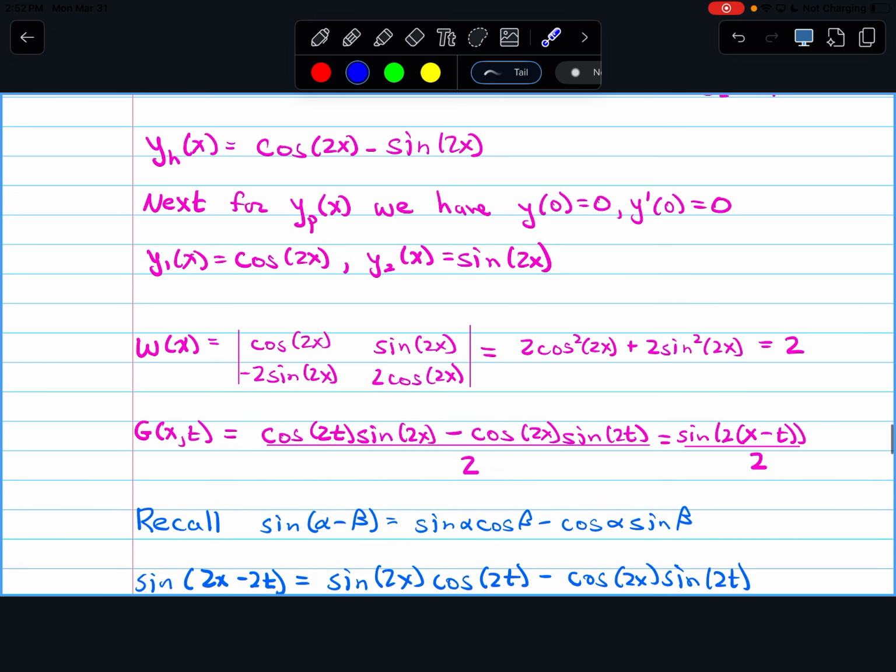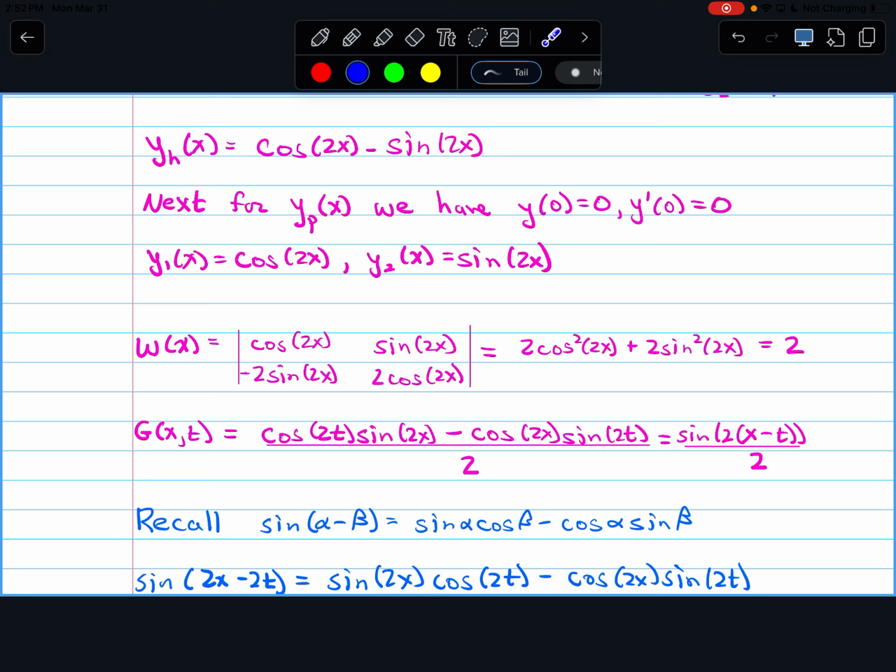So I go down here and notice I've got y1, its derivative right there, and y2 and its derivative right there. And I go through the process here, the determinant, and I get 2.